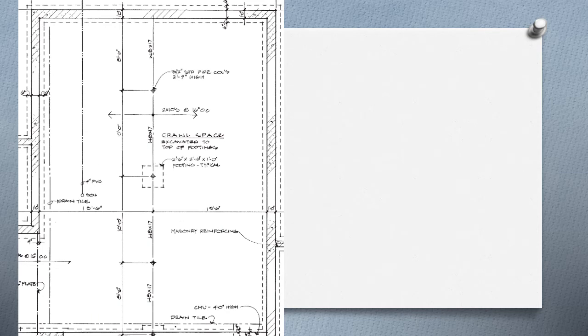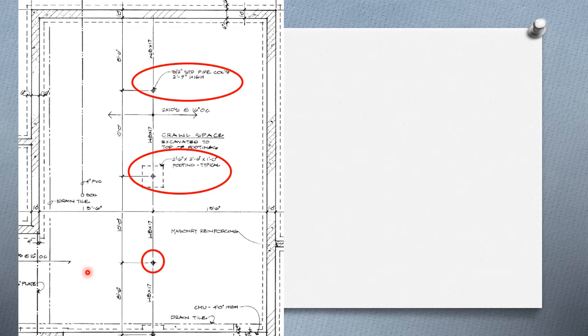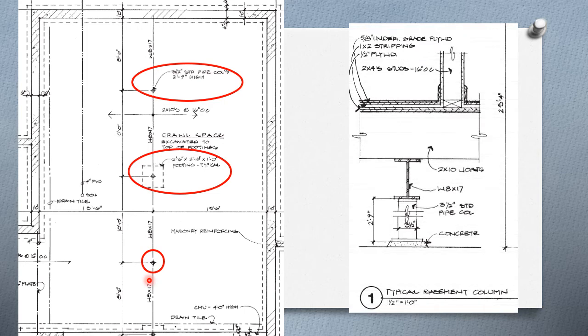So let's take a look at some of the details that are shown here. Here's our 3.5 inch standard pipe column, our footer. Here's another example of where the pipe column is.